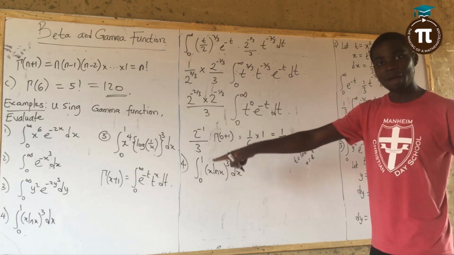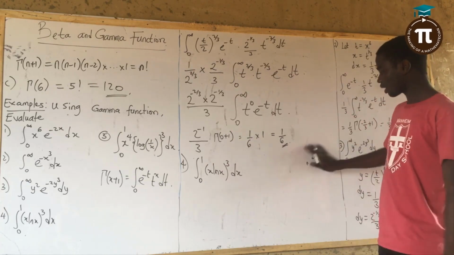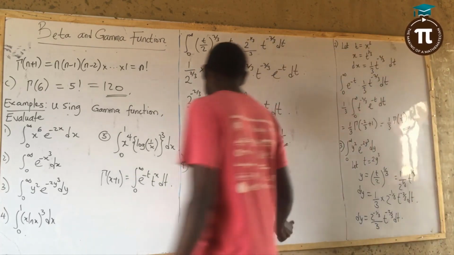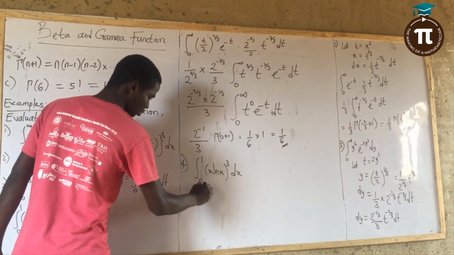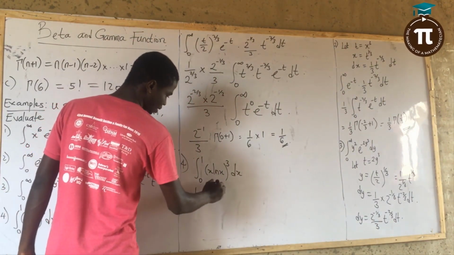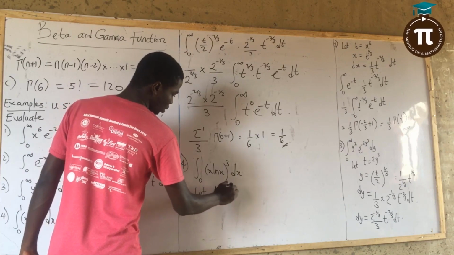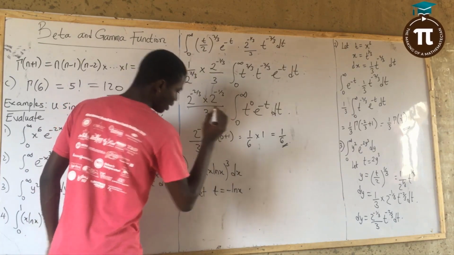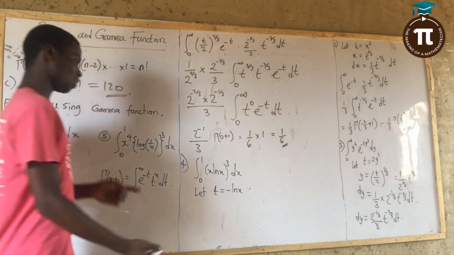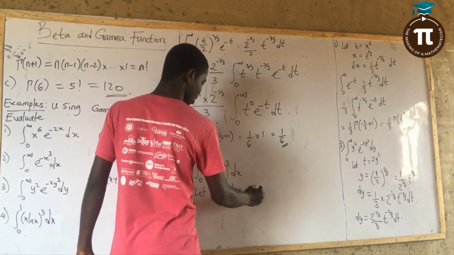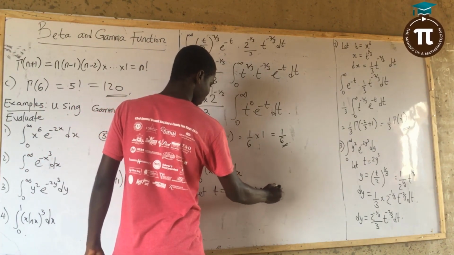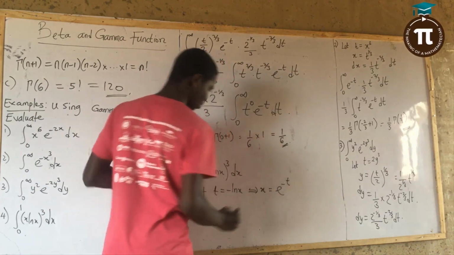But I want e raised to power minus t, so I know what I will do. You just let t be equal to minus ln s. And what does that mean? It means that s will be e raised to power minus t.